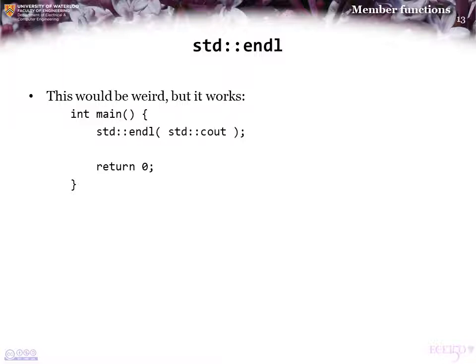This looks a little bit weird, but it actually works. You can explicitly call std::endl with std::cout as the one argument, and that will indeed print an end of line character to the screen. But this is very unconventional.